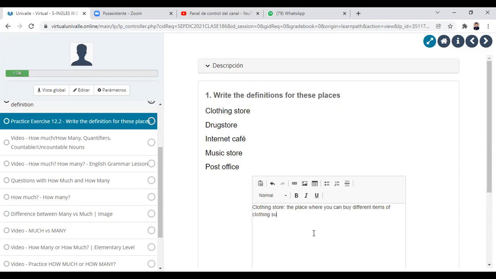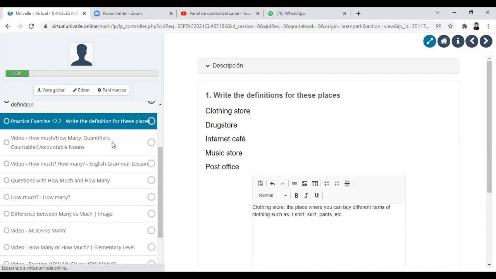Clothing such as t-shirt, skirt, pants, etc. Okay. Drugstore is the place where you can buy medicines when you are sick, right?